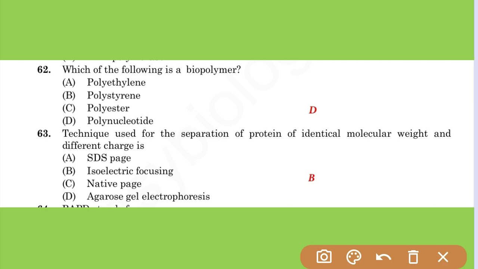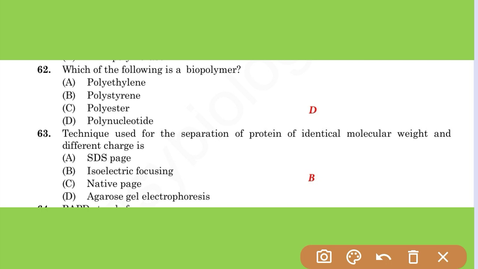Isoelectric focusing is also known as electrofocusing. It is a technique for separating different molecules by differences in their isoelectric point. The main principle of isoelectric focusing is that two different proteins having different isoelectric points migrate in a pH gradient in the presence of an electric field till the total charge of the protein gets to zero.